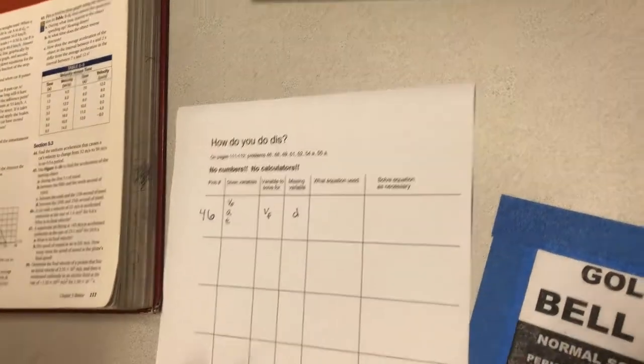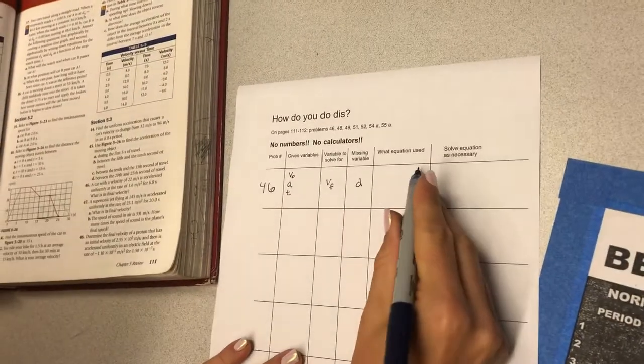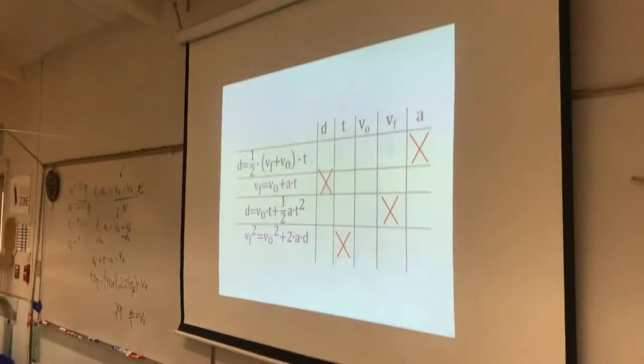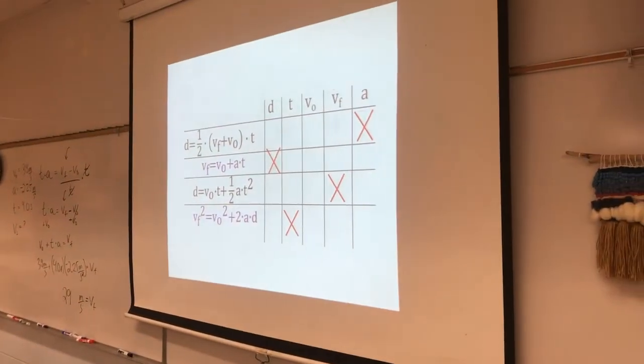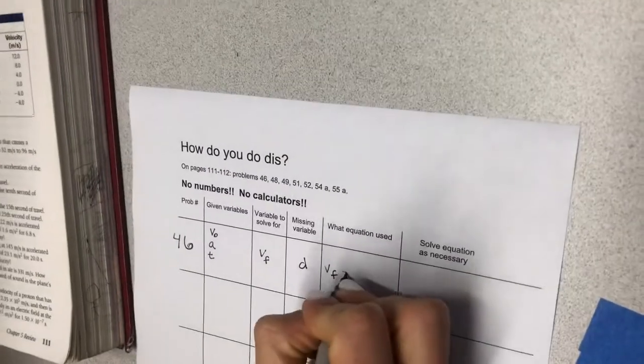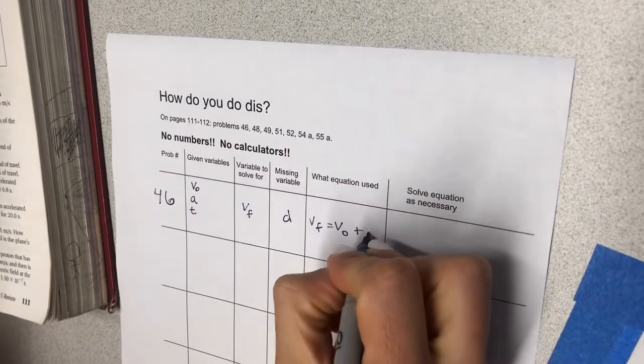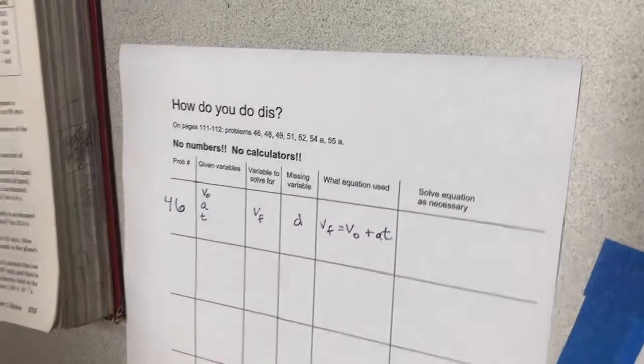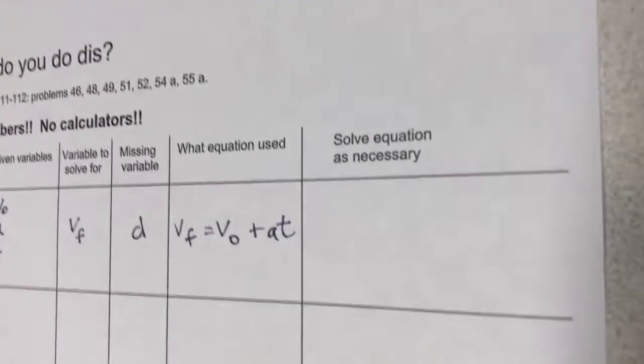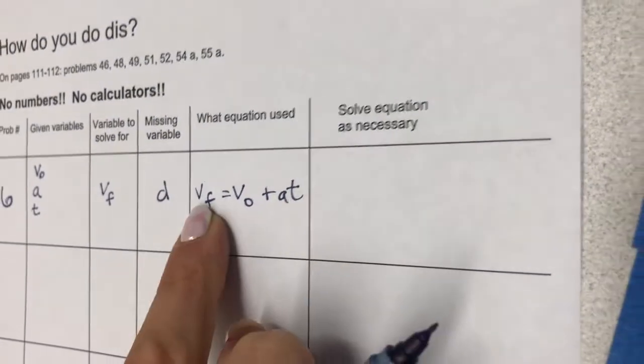What equation should we use? If we look up there, the one with the missing D is V final equals V initial plus AT. Now, it's already solved for V final, so we can leave that blank.